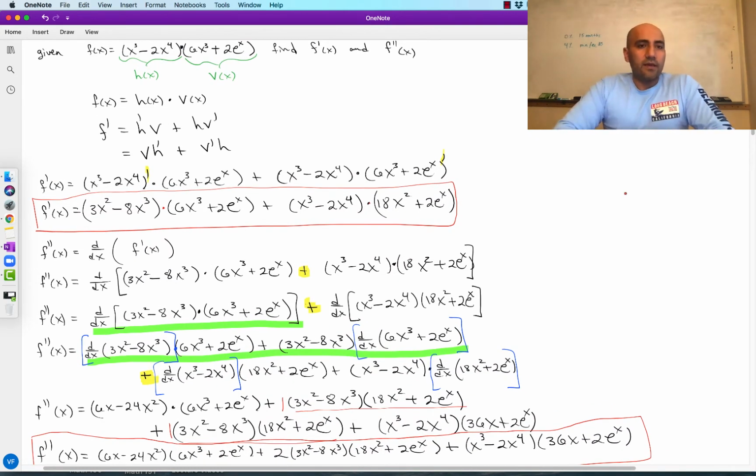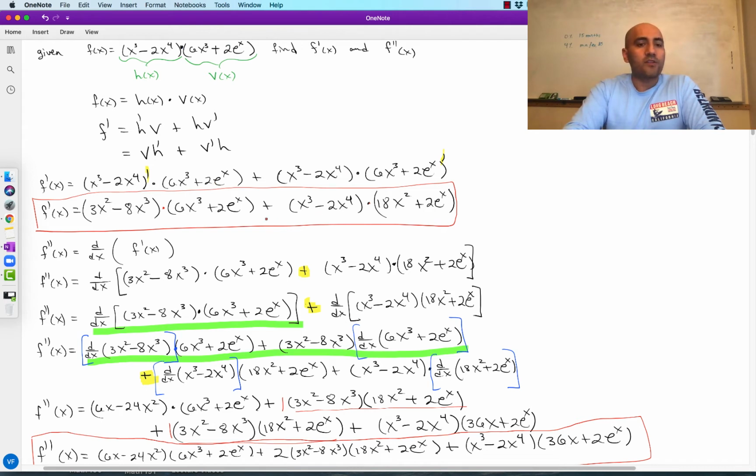Given that our function f of x is equal to x to the third minus 2x to the fourth, times 6x to the third plus 2e to the x, and we want to find the first and the second derivative, this is how we do it. Our first derivative is in this red box here. It's a straightforward application of our product rule.